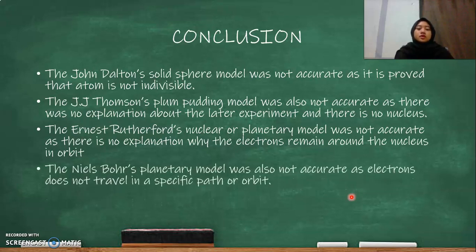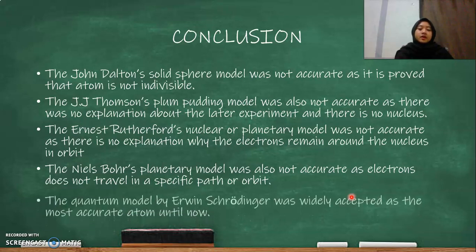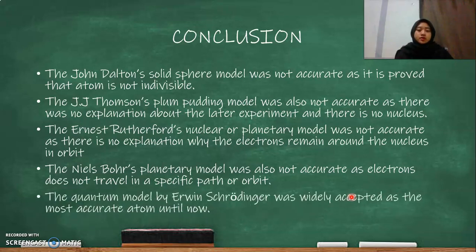The Niels Bohr atomic model is also not accurate, as electrons do not travel in an orbit or a specific path. Lastly, the quantum model by Erwin Schrödinger was widely accepted, as it is the most accurate atomic model until now.